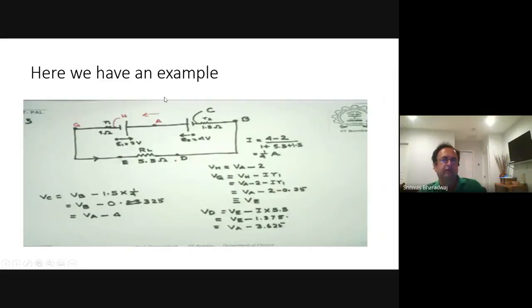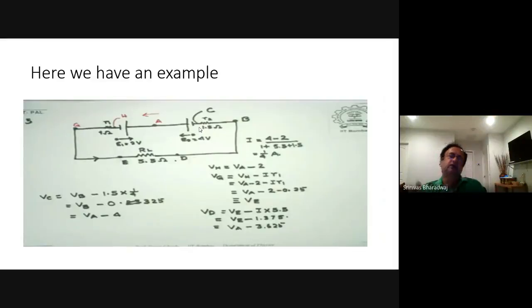So if you start from this point and come back here, plus 4 minus 2 minus I times 1 minus I times 5.3 minus I times 1.5. So we went once round the loop, and it should equal 0. So you go once around the loop and say 0 equals 0.